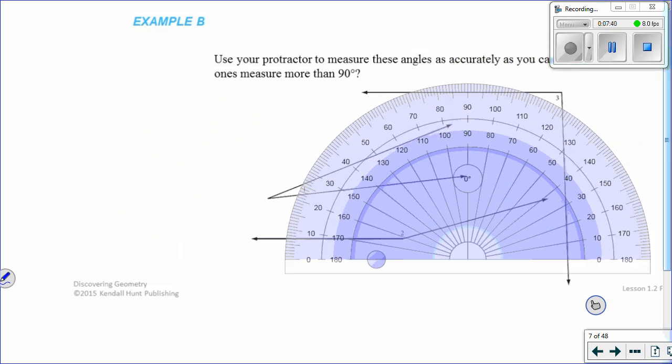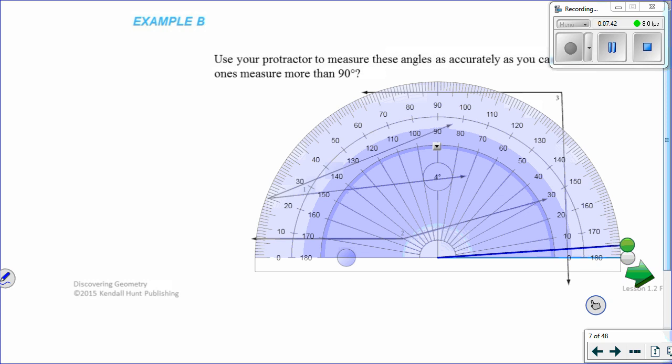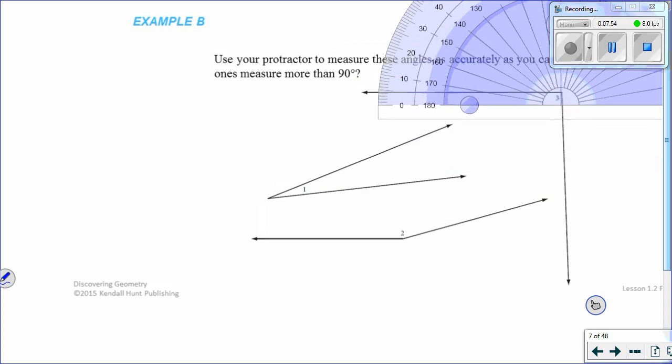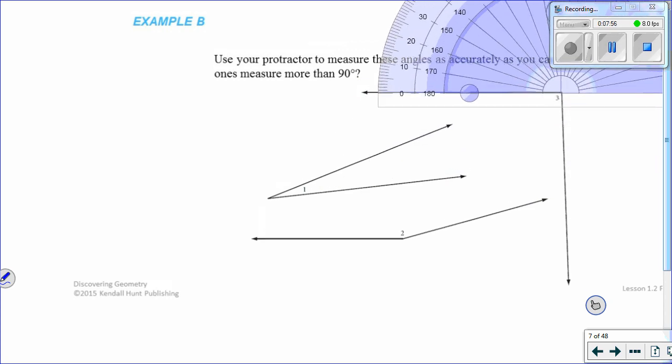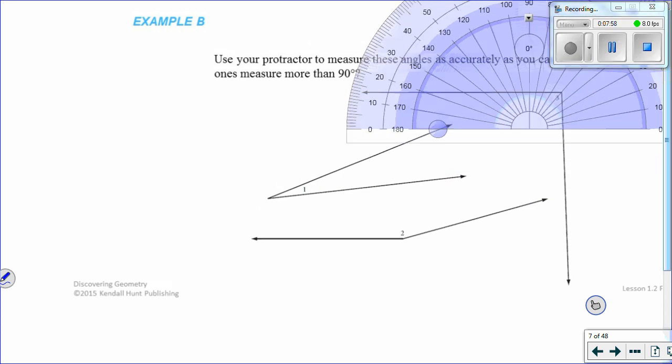So remember what we said before. I'm actually going to make this a little smaller if I can. No, it's not going to let me. All right, that's okay. So I'm going to put that T down at the bottom of there. I'm going to line that up right at my vertex. Now that T, or the bottom of that, is at my vertex, right?